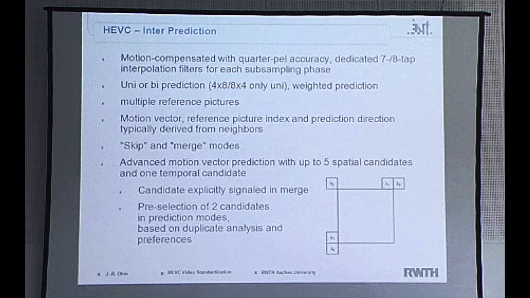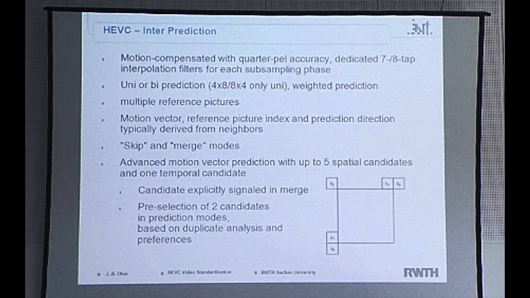Also the mode you can use, unidirectional or bi-prediction as traditionally in HEVC. So you take two reference pictures or take one reference picture. All that needs to be encoded and sent to the decoder. Also, with regard to motion and mode coding, much more sophisticated schemes are used here.